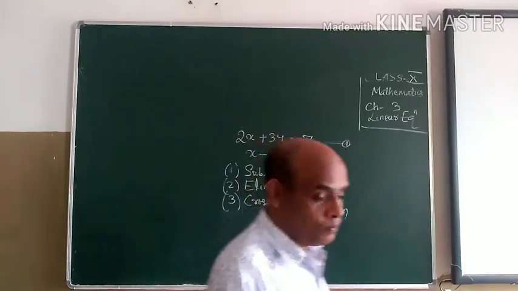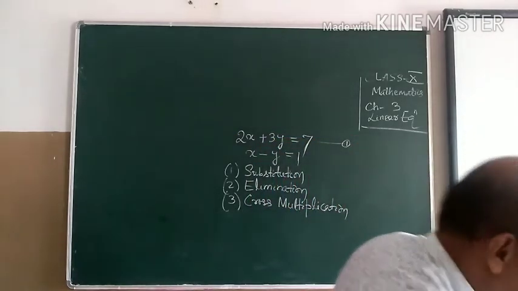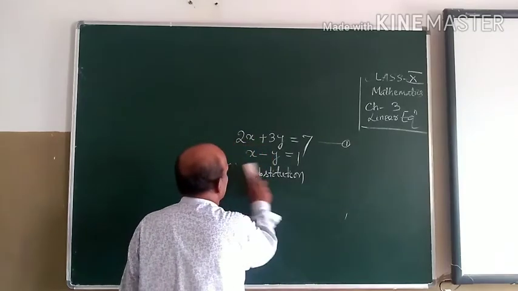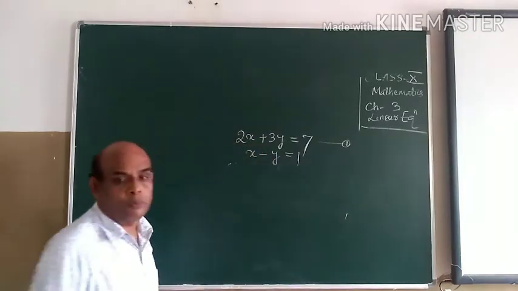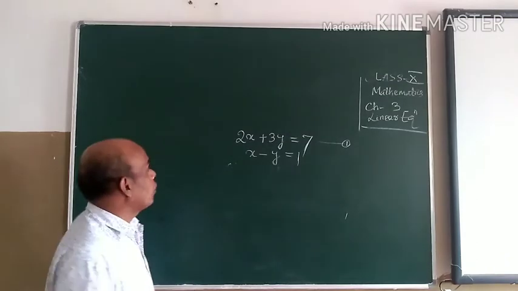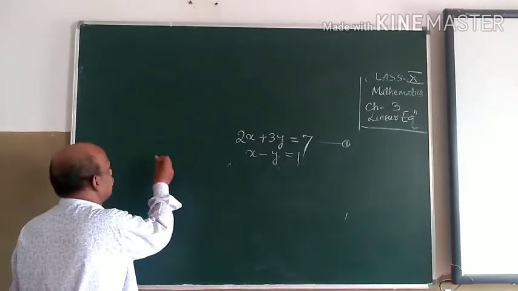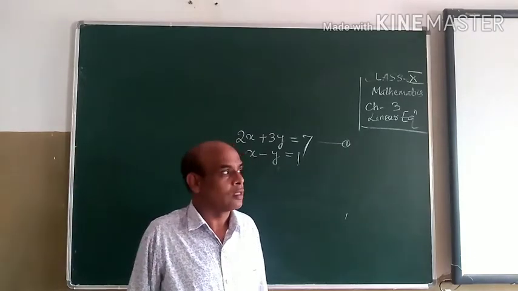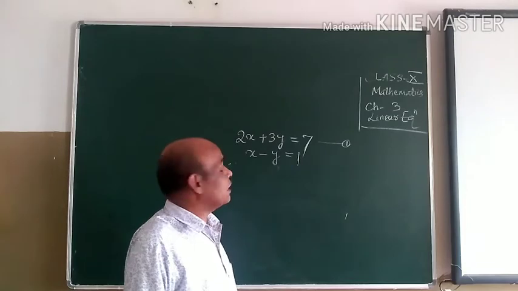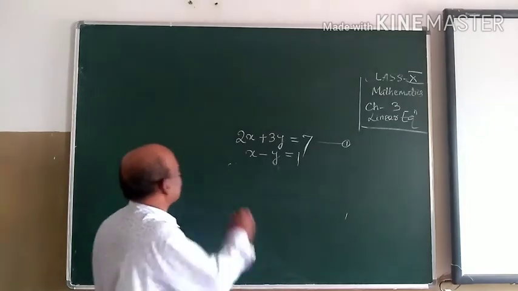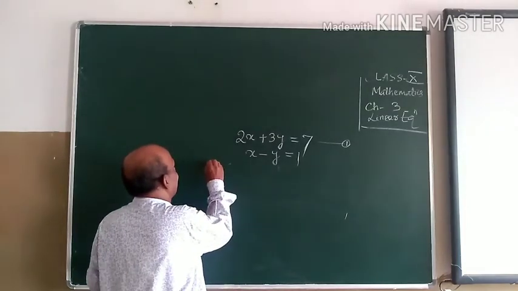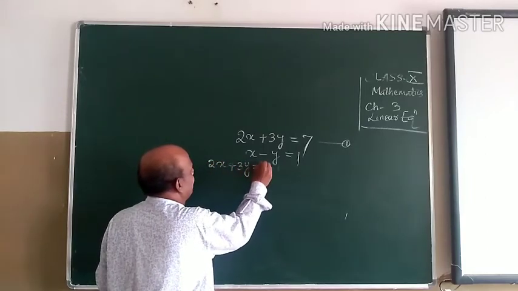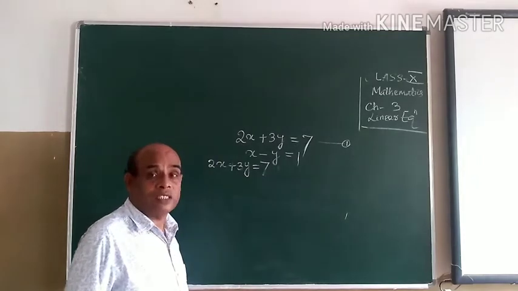So now you see, the first method is the substitution method. I will solve the problem by the substitution method. In the substitution method, first you take equation number 1, already written, 2x plus 3y is equal to 7.